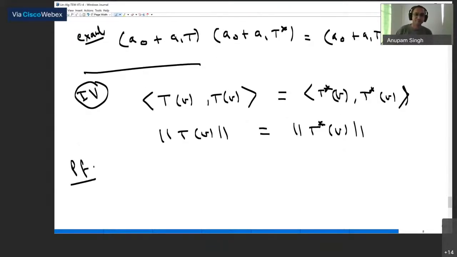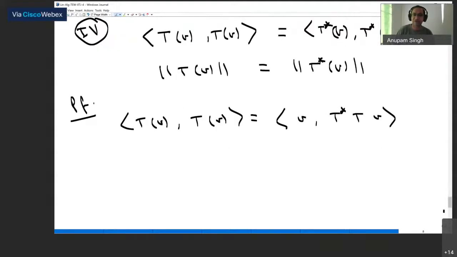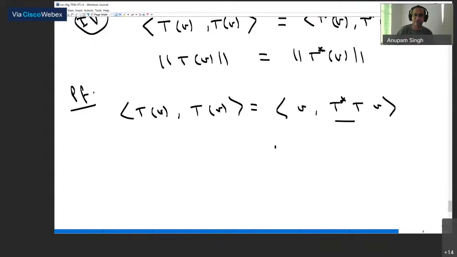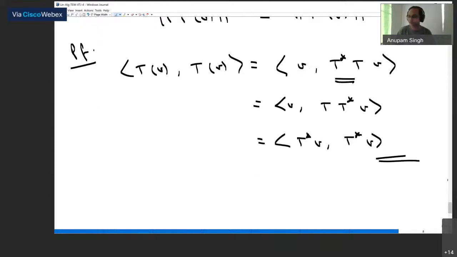So let's prove this. Let's take the left hand side, (T(v), T(v)). I can take this T on this side as star, so I get (v, T star T v). But I know that T is normal, so now I can commute this T and T star. I can write this as (v, T T star v). Now I can take this T star on the left hand side, so I get (T star v, T star v). So this proves the fact.